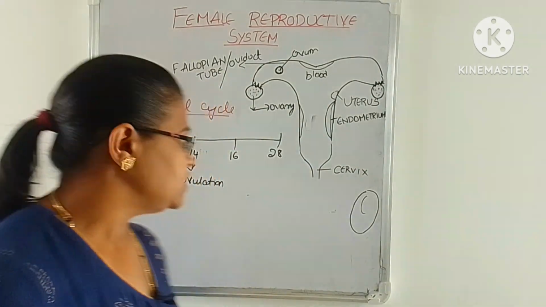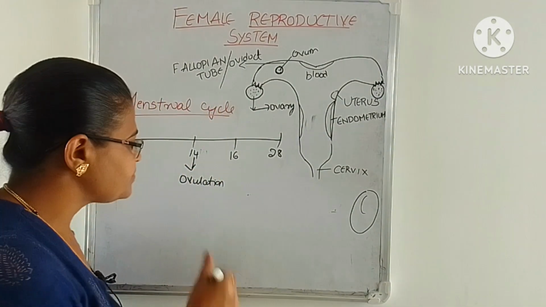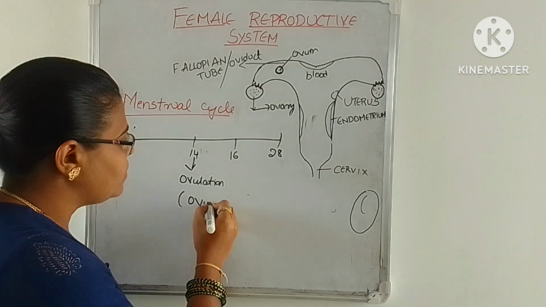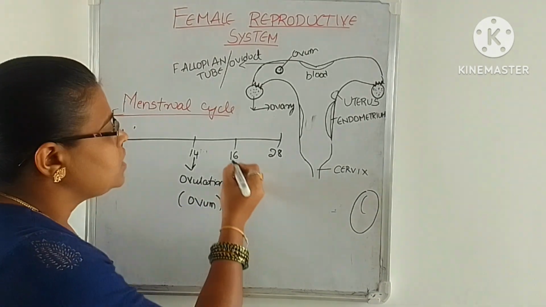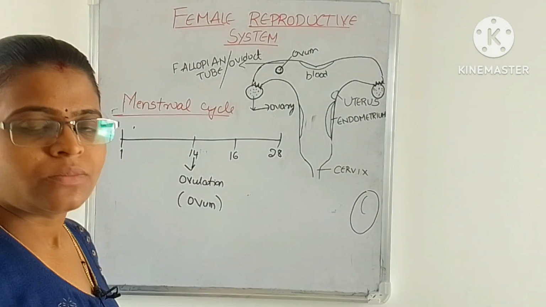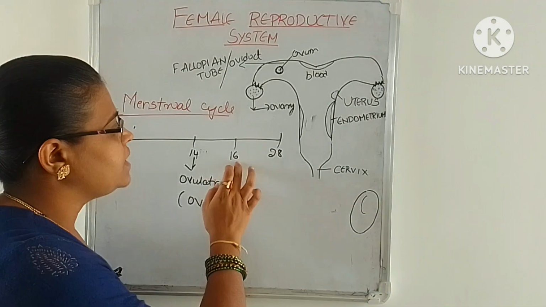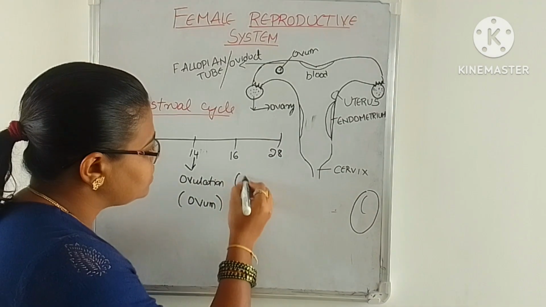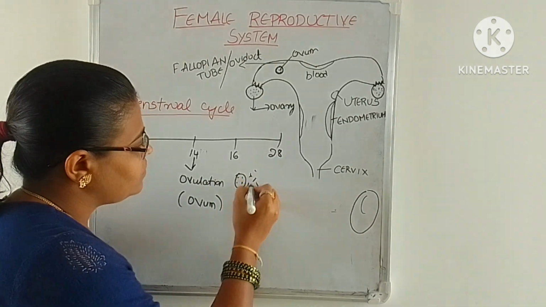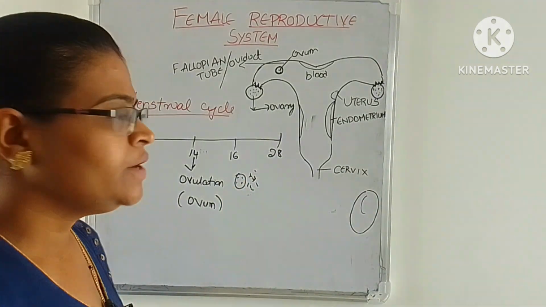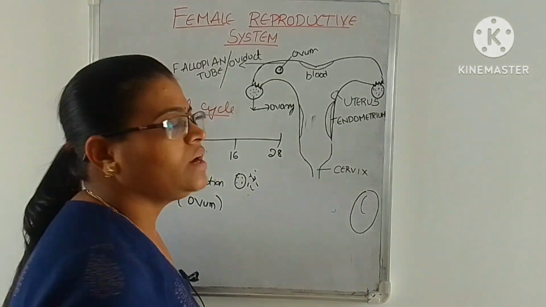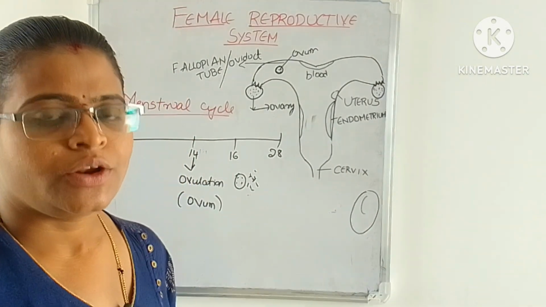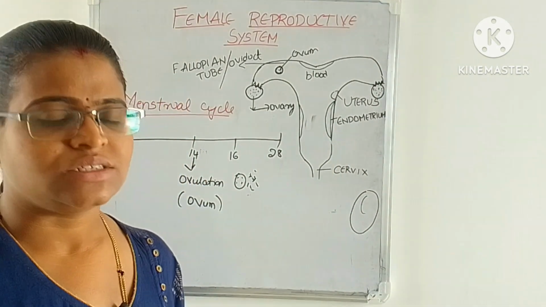So how does it take place? This independent ovum will wait for 2 days for the sperm. If no sperm is there, then this ovum will break, and the endometrium will come to know that the new product, the zygote, is not formed.